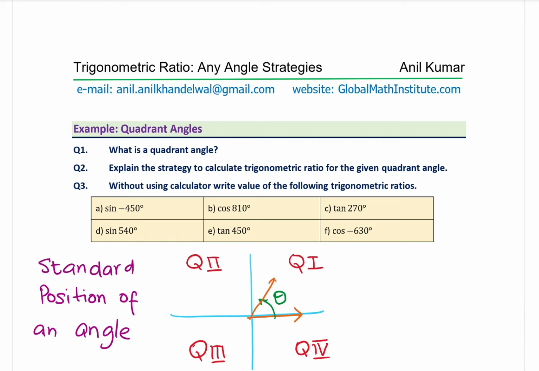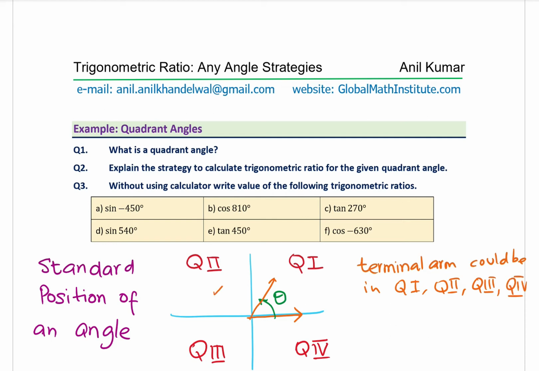Normally, the terminal arm could be in one of these quadrants. So the terminal arm could be in Q1, could be in Q2, could be in Q3, could be in Q4, right?